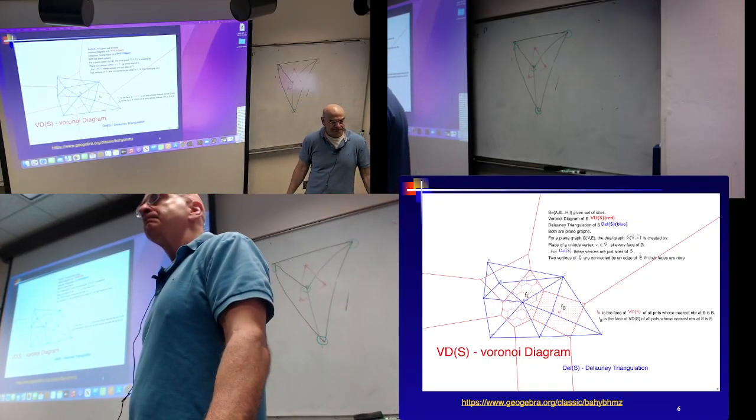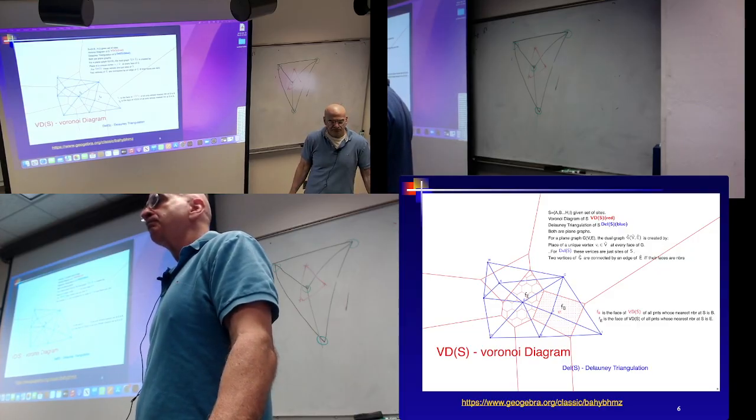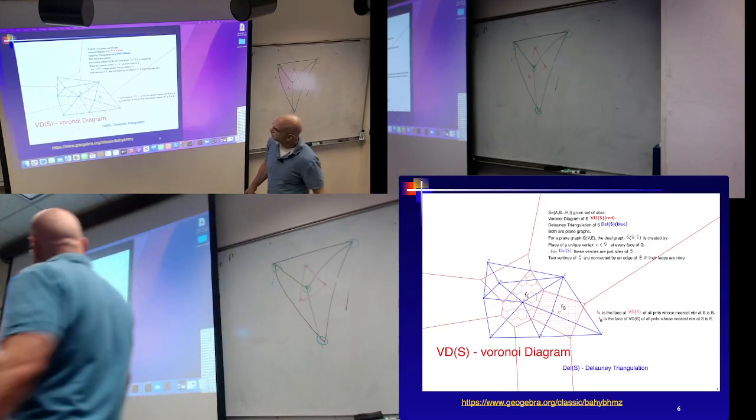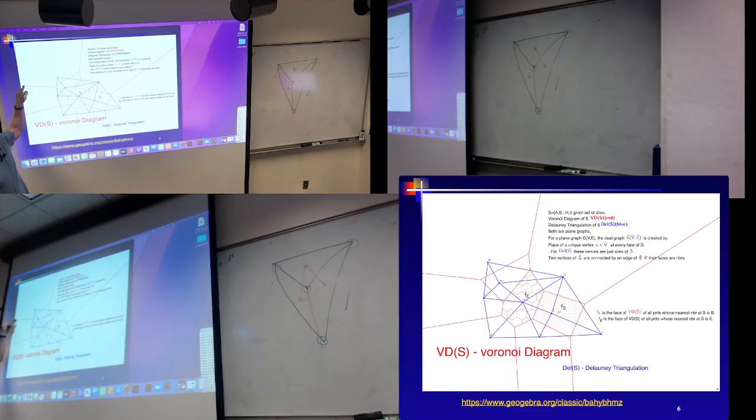Yeah? The edges that are going outwards, those are not showing. So again? The edges that are going to infinity, those don't cross two faces. Of the dual? You mean of the Delaunay triangulation?